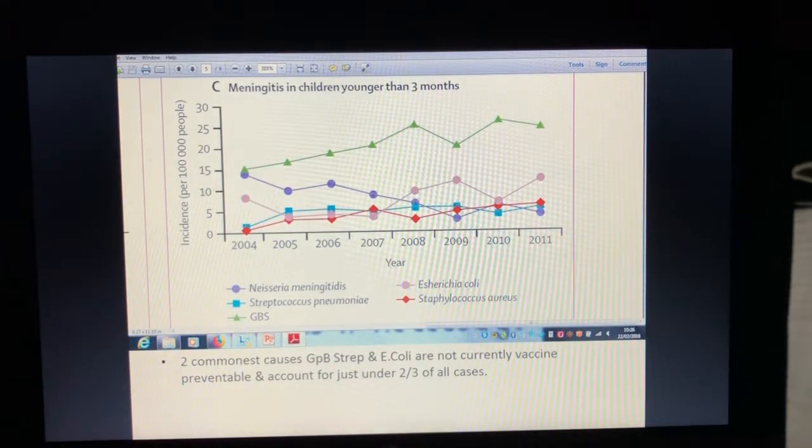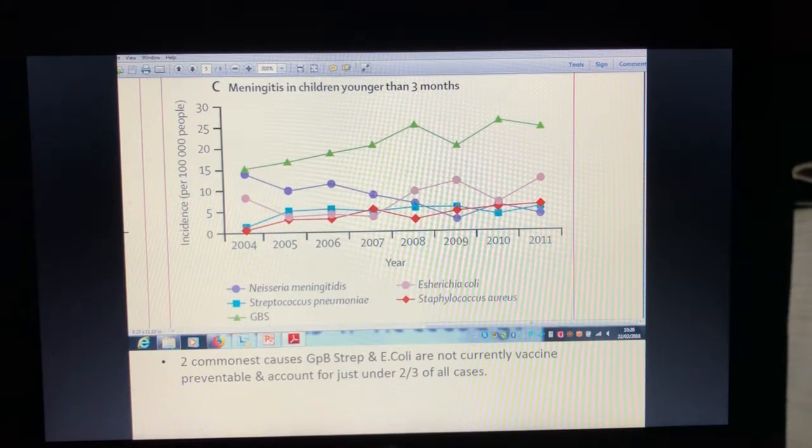If we look at the causal bacteria, this graph shows the incidence of the 5 commonest causes of meningitis in under 3-month-olds. The commonest bacteria being group B strep or Strep agalactiae, and this looks like it has risen a little since 2004, and that's the green line at the top.